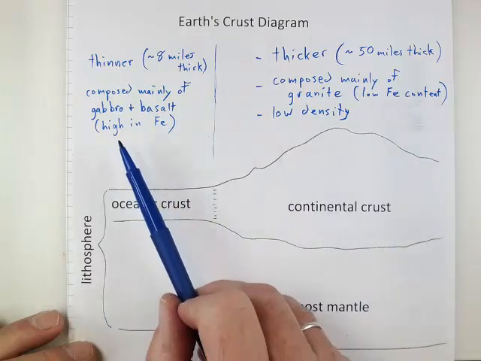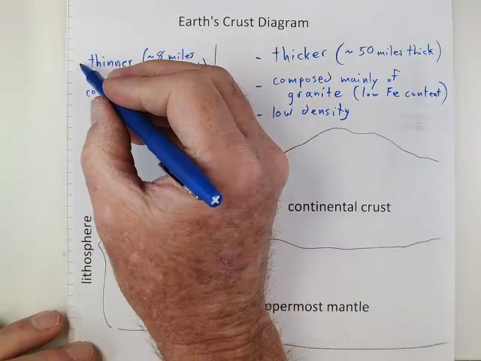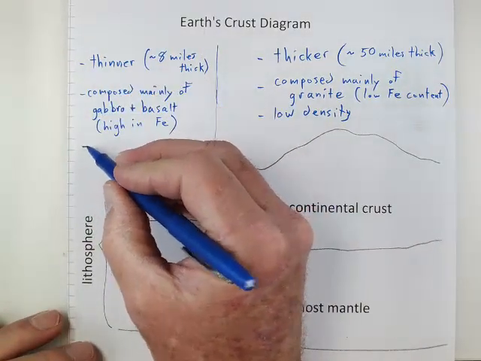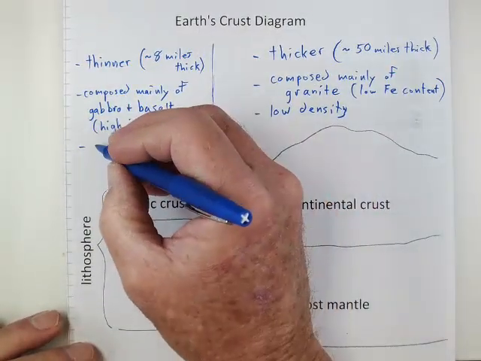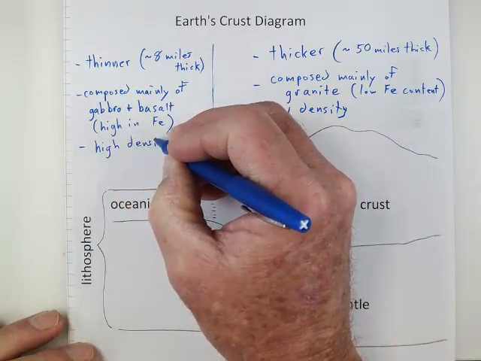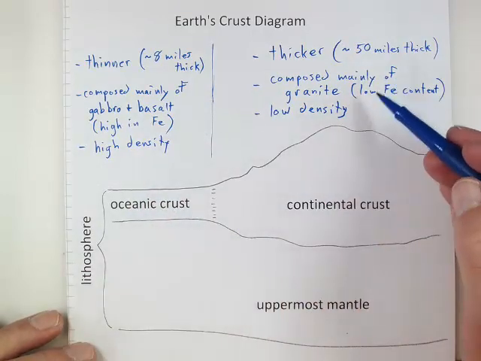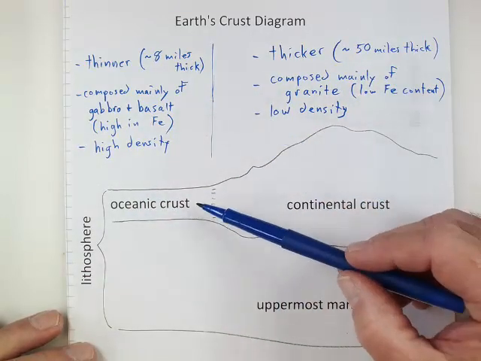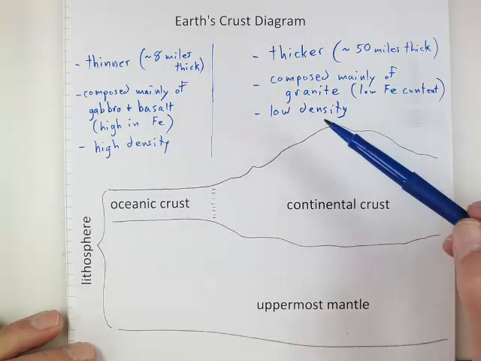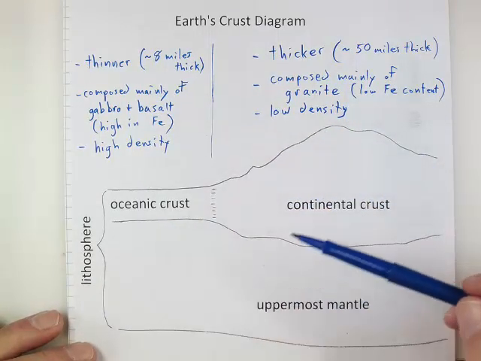Contrast that over here to our gabbro and basalt, high in iron, and I think you can read the writing on the wall here. We're going to have relatively high density for the ocean crust. So these are significant differences between the two types of crust, and when we talk plate tectonics, you'll see why this is important. So keep it in mind.